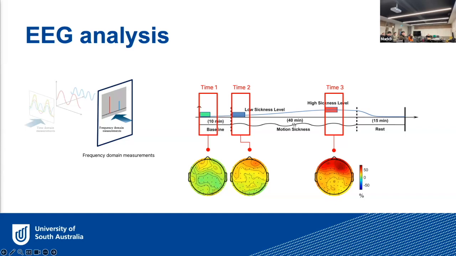Then I translated all these temporal signals into frequency signals. It means I can tell that time 3 shows a higher power at the frontal area compared to time 2, but it does not tell you what happened in that 1 minute of brain activity.